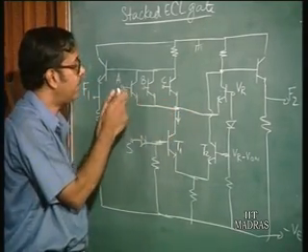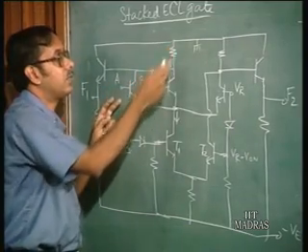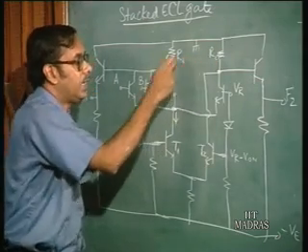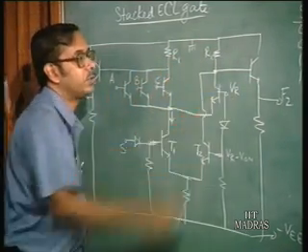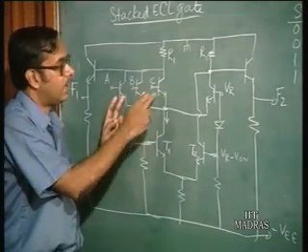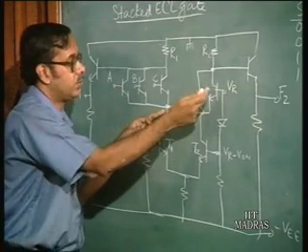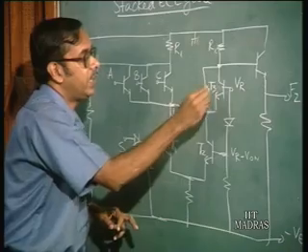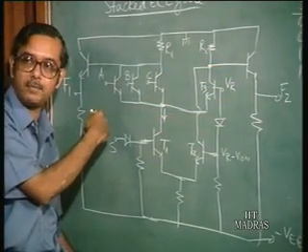Now, if A or B or C is high, current will flow in this left branch, that is through resistance R1, and this output F1 will be low and F2 is going to be high. If A or B or C are all low, then current flows through this transistor, which we may call T3, and F2 is going to be low and F1 is going to be high.